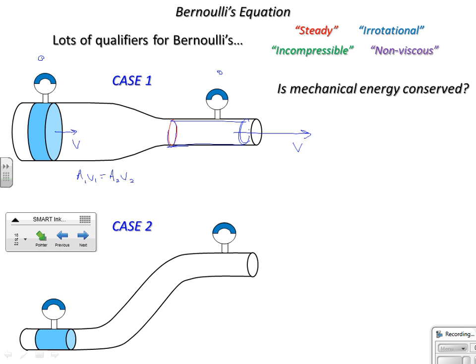Question one, is mechanical energy conserved? Mechanical energy is EPE, KE and GPE. There are no springs, and GPE stays the same if we look at the center of mass of all the stuff. So that doesn't change, but KE does. It gets faster. So the answer is no.